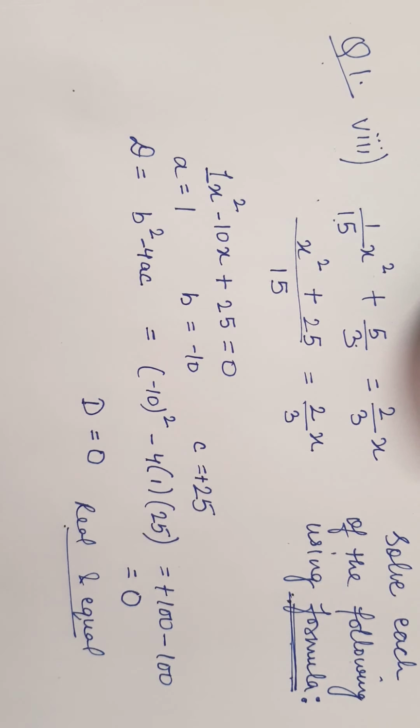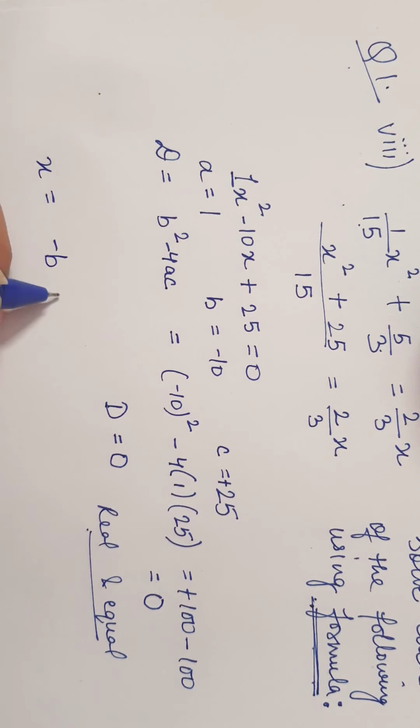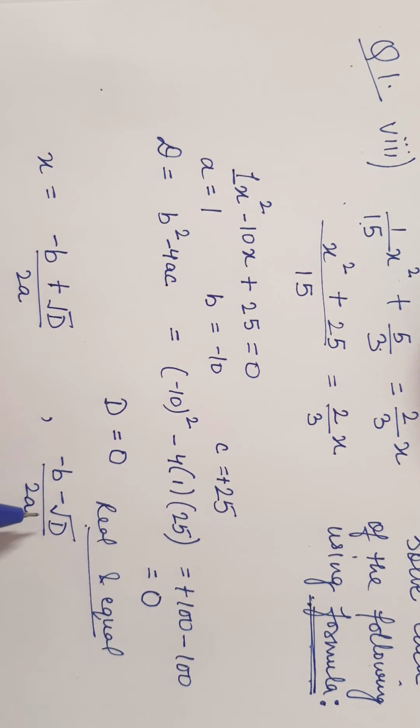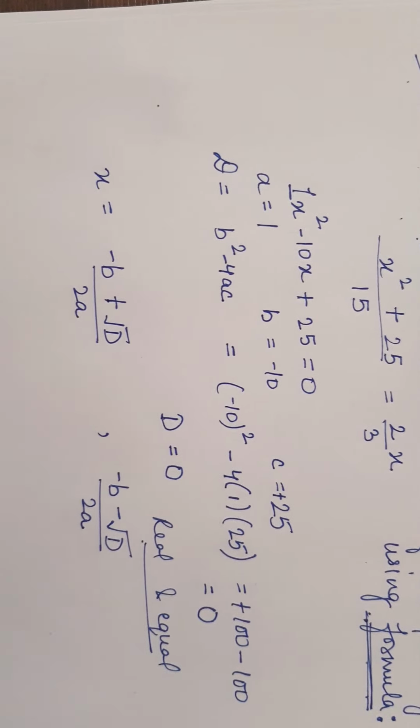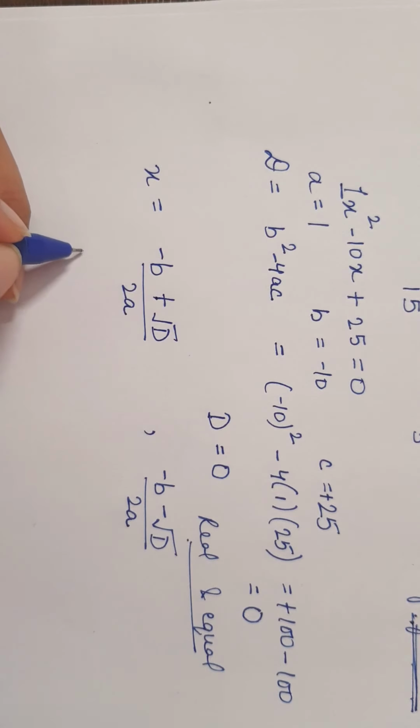Okay, next let's move on to the formula for finding the value of x. Minus b plus root D upon 2a, and the second one minus b minus root D upon 2a. One time plus, one time minus, the rest of the formula is the same. Let us substitute the value, b is minus 10.